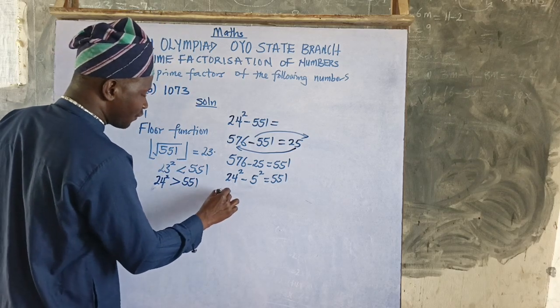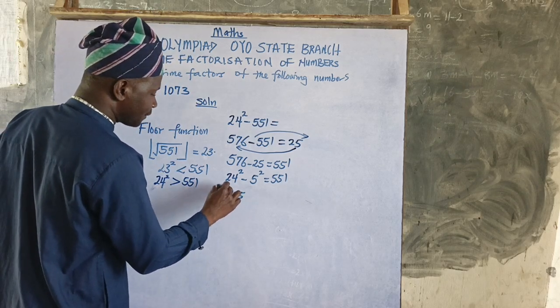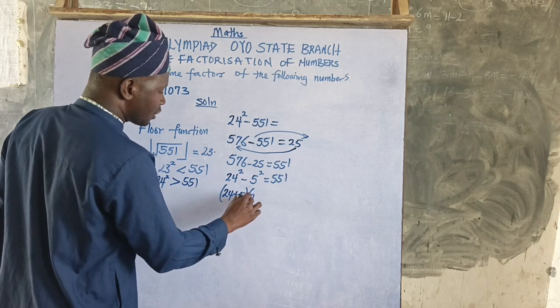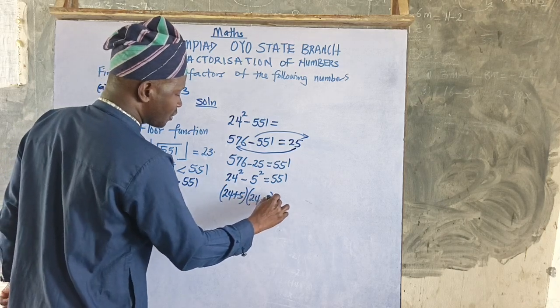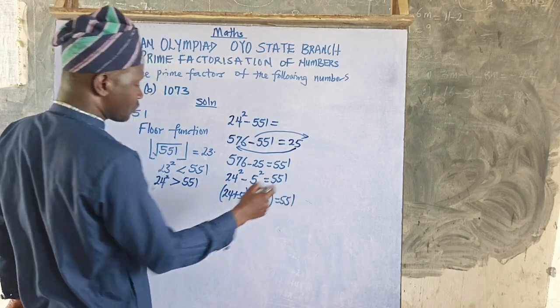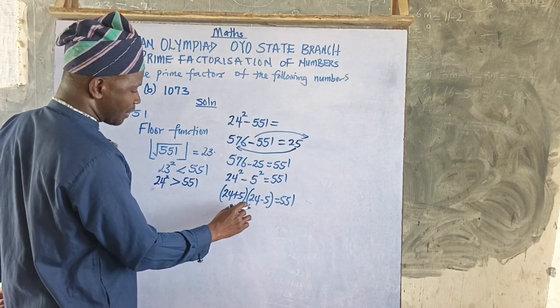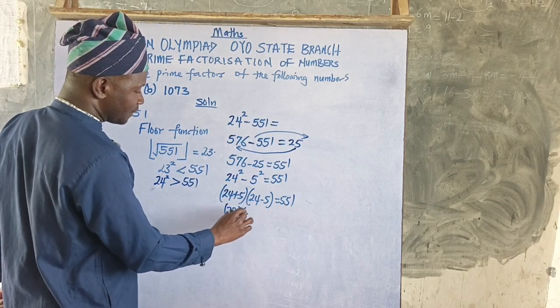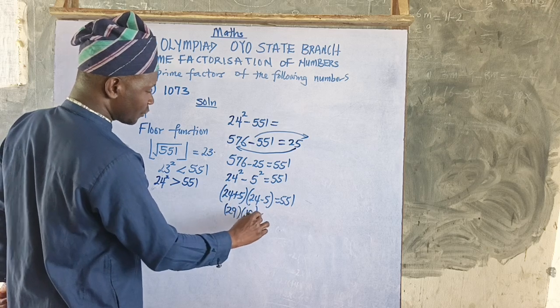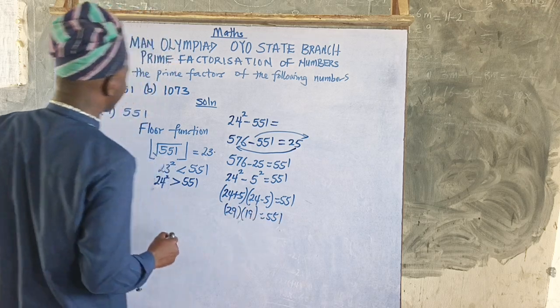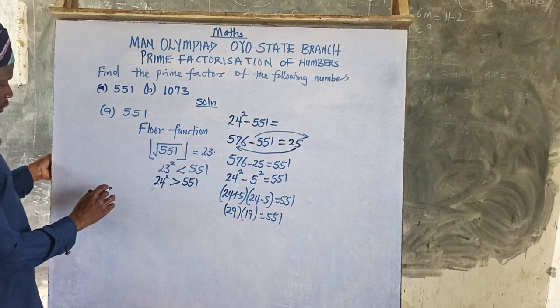We use the difference of two squares. Now we have 24 plus 5, then 24 minus 5. When you multiply the results together, you are going to have 551. So we have 29 multiplied by 19 equals 551.